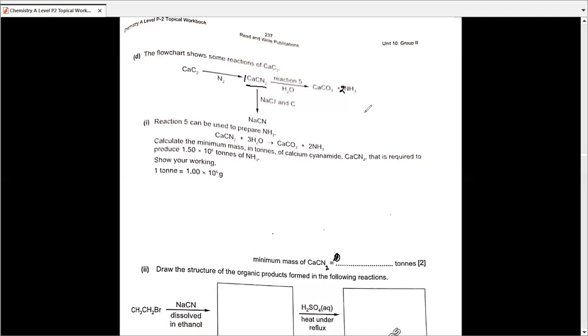So have you tried balancing the equation? The equation will be given below, with 3H2O. Isn't it balanced already? Oh yeah, okay, 3, right, doing the same thing. So calculate the minimum mass in tons for this that is required to produce this many tons of NH3.